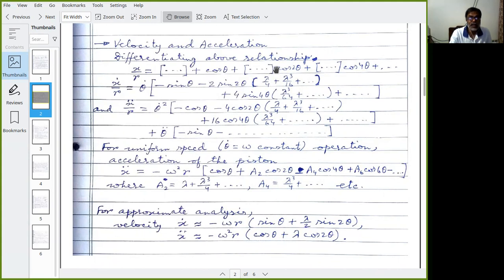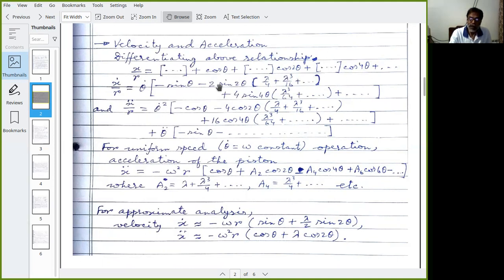From here you get minus 2 sin 2 theta times whatever was inside, plus. This is plus because the bracketed thing has lots and lots of minus; that is the leading one inside the bracket. That is why this comes as plus. Otherwise, the derivative of this is minus 4 sin 4 theta. But then, since the bracketed thing turns out to be negative, this finally becomes plus sin and so on.